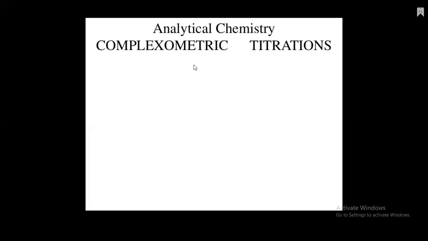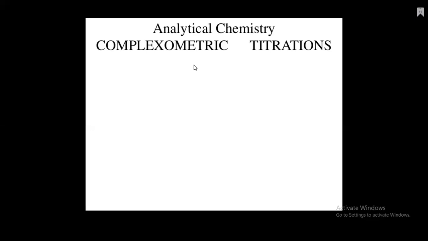So one thing is that our analyte is a metal ion or any organic or inorganic substance that has the property to form complexes. This is our analyte. Now we are going to study complexometric titration. In titration, we know that we can find out the unknown with the help of the known.